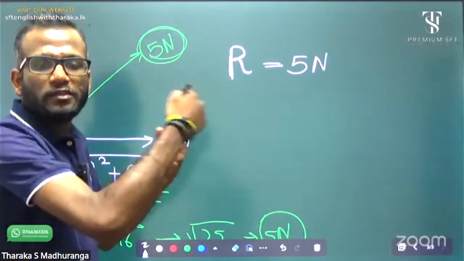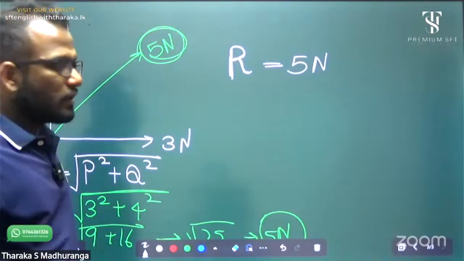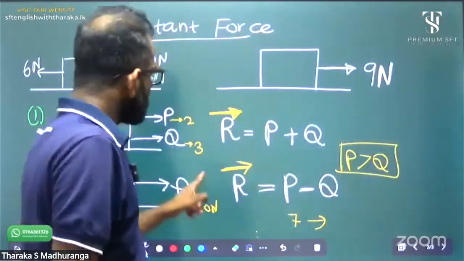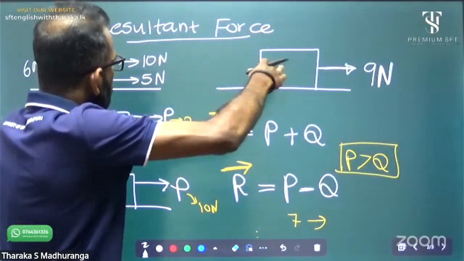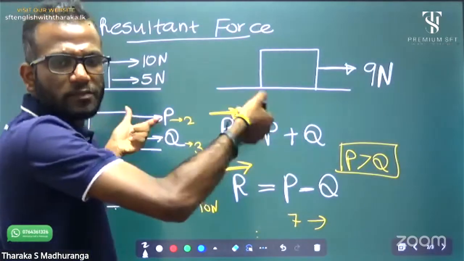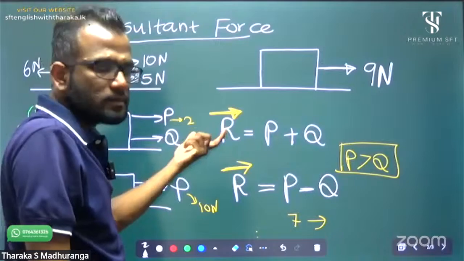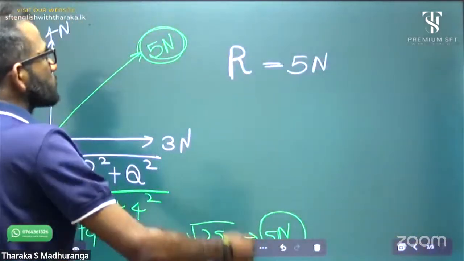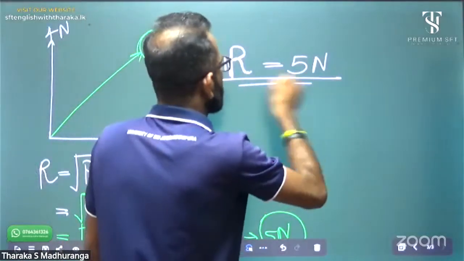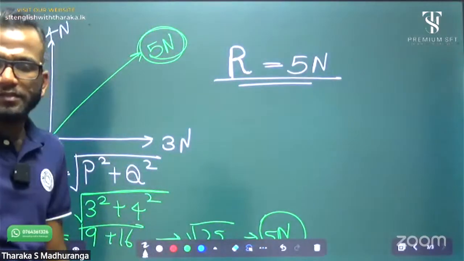Then how can we explain the direction? Previously, we could explain the direction very simply, if there are two forces acting along the same direction or opposite direction. Now, how can we explain the direction? Any idea?